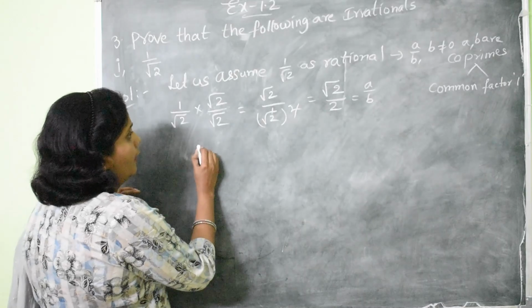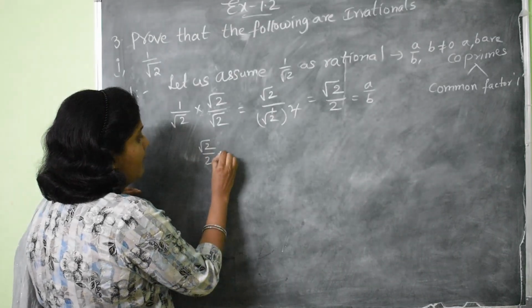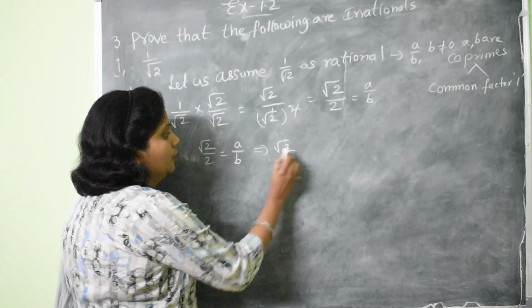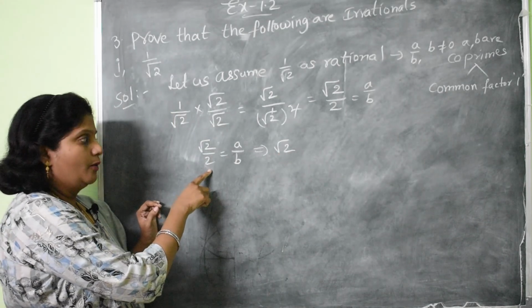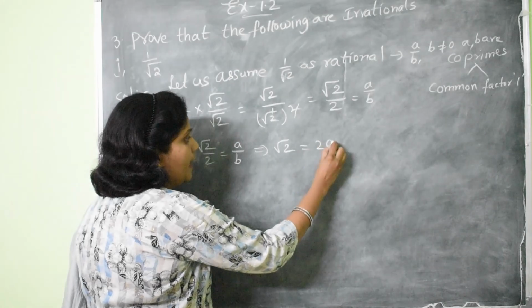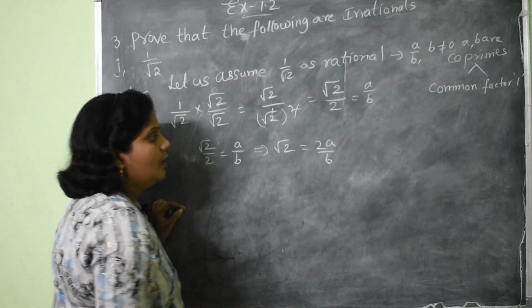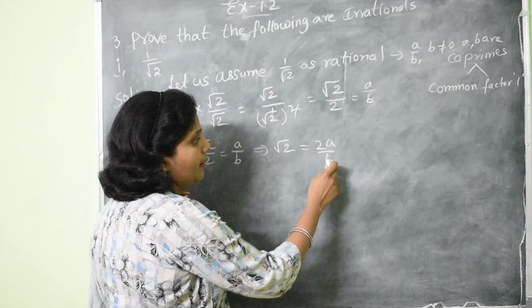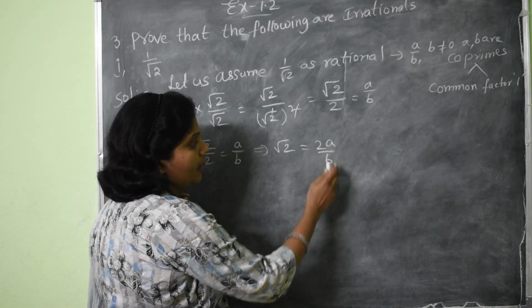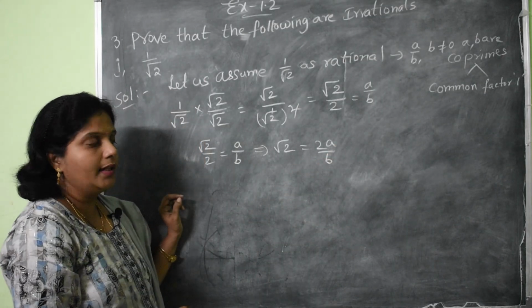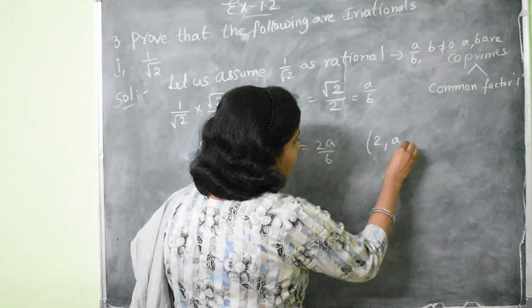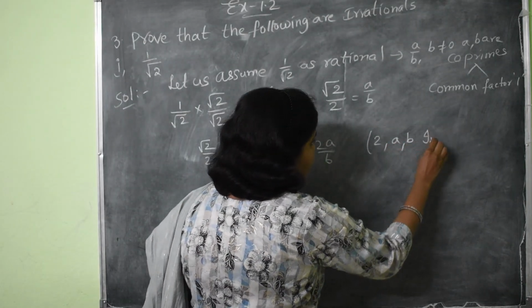So root 2 by 2 is equal to A by B. That implies 2 is in the denominator, so when it goes to the numerator it will become 2A by B. So what are the 2, A and B? A and B are nothing but co-prime numbers. 2, A, B are all integers only.